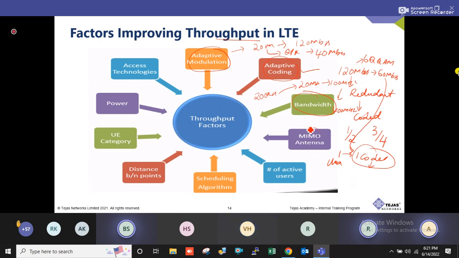MIMO, I'll come to this a little later. Number of active users: as you already know, in our cellular network, if the number of users starts increasing, it will have an effect on your individual throughput as well. Scheduling algorithm: scheduling means how many users get scheduled. For one instance, this user might be scheduled; in another instance, that user might be scheduled.